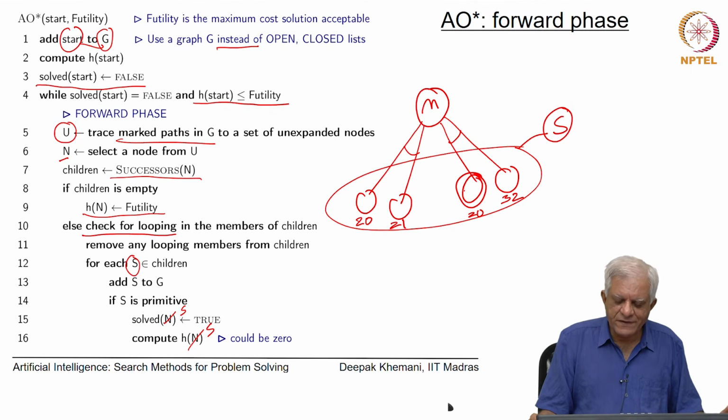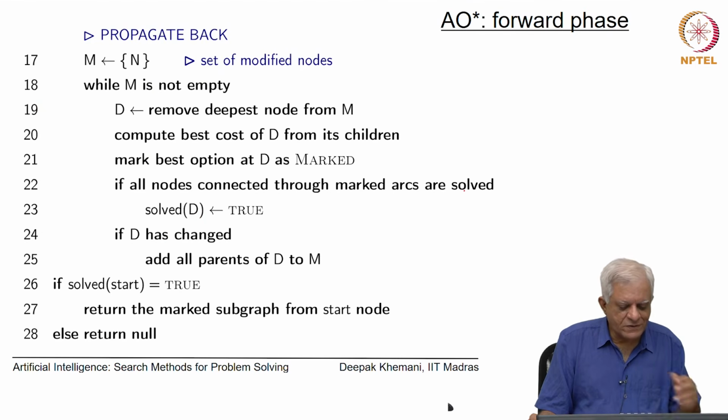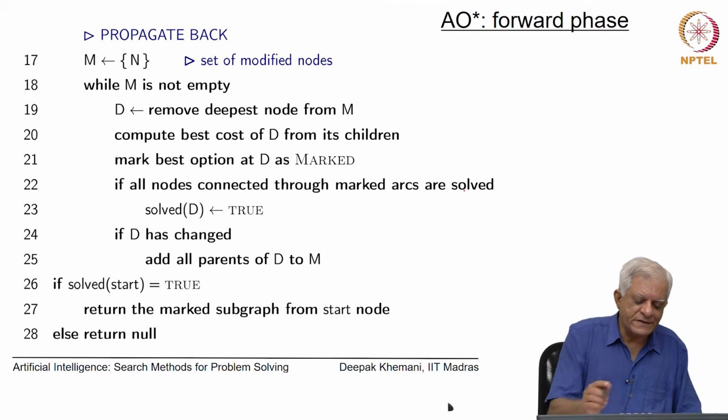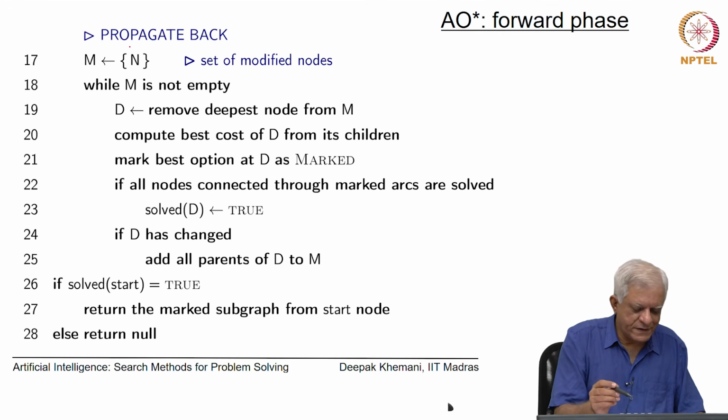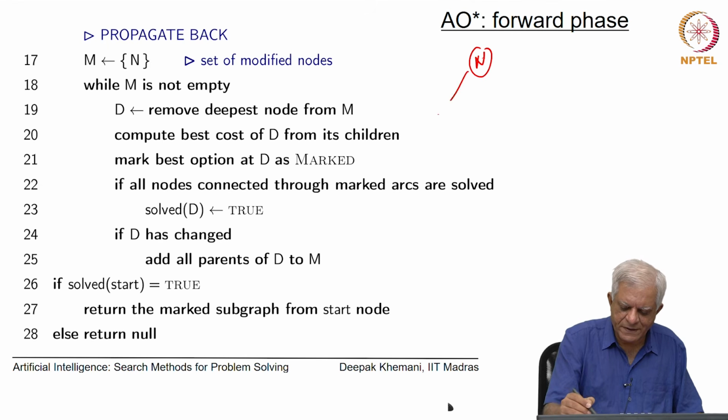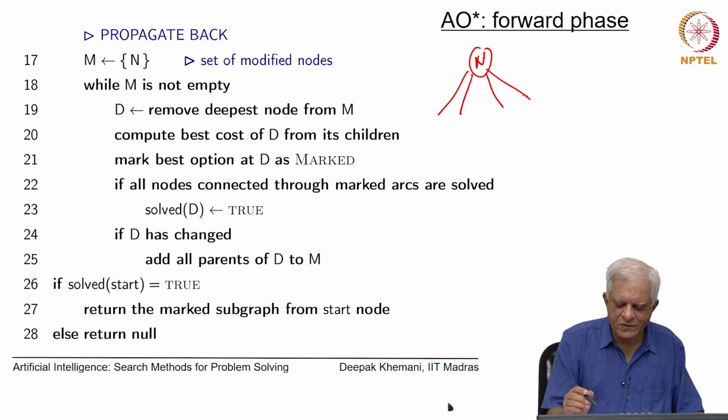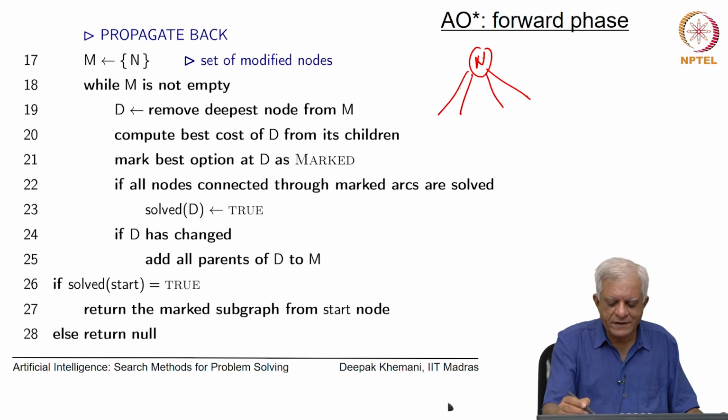Now comes the backward phase, or the propagation phase, and that works as follows. This node n that we just expanded, let me draw this again. N is the node we expanded and it had 2 children or 2 hyper arcs below it, and these are kind of AND edges.